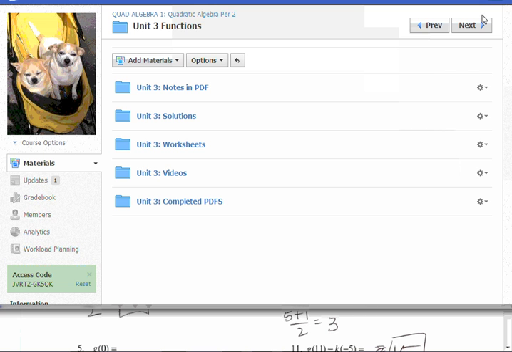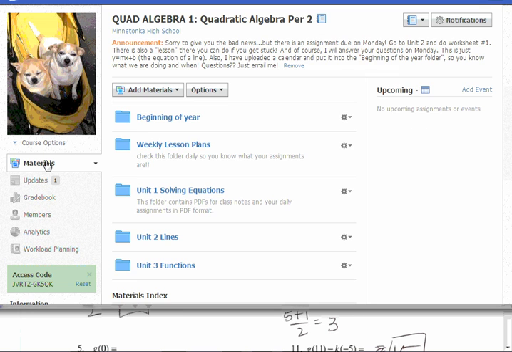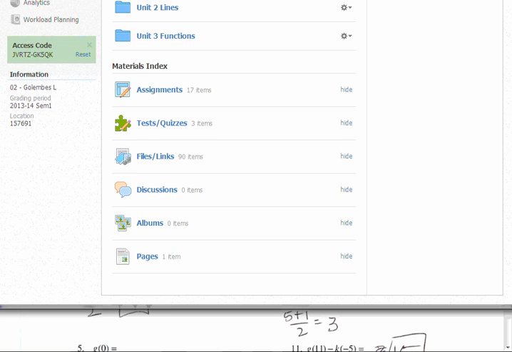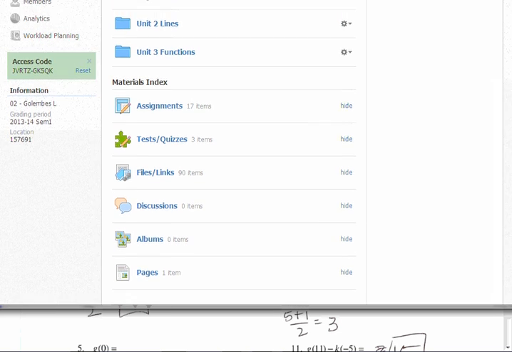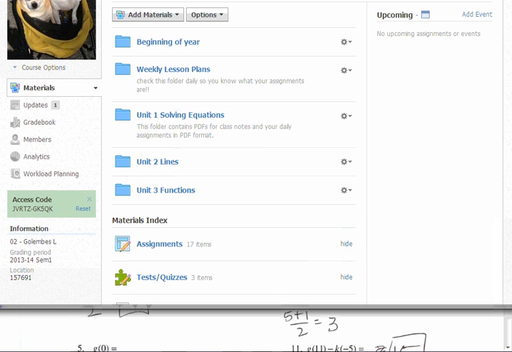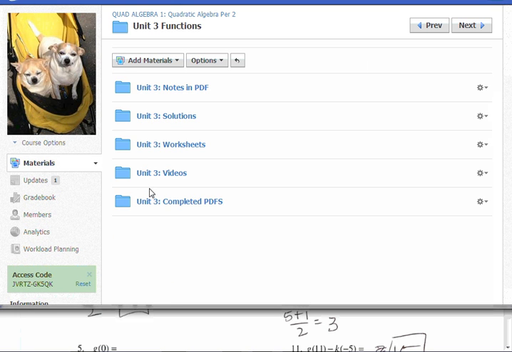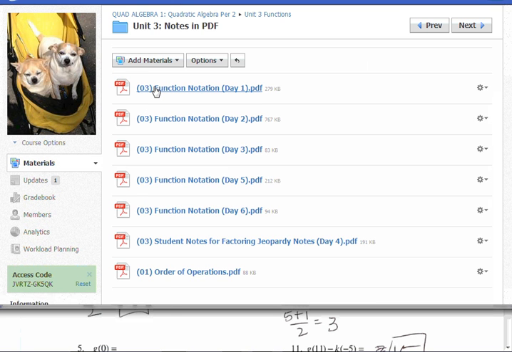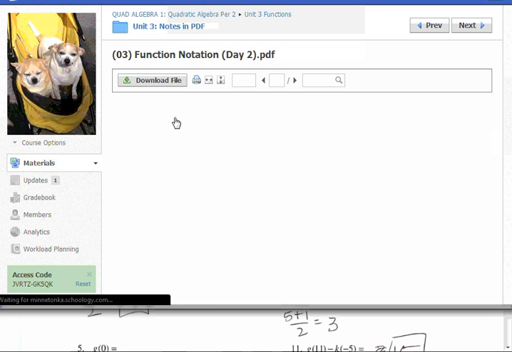Don't go down into the assignments, because it gets confusing with 17 things in there. Go into the materials at the top here and go into Unit 3, Notes and PDF. And this is day 2. I'm going to change these numbers so they match. I think it might be easier. And that's what we look at.